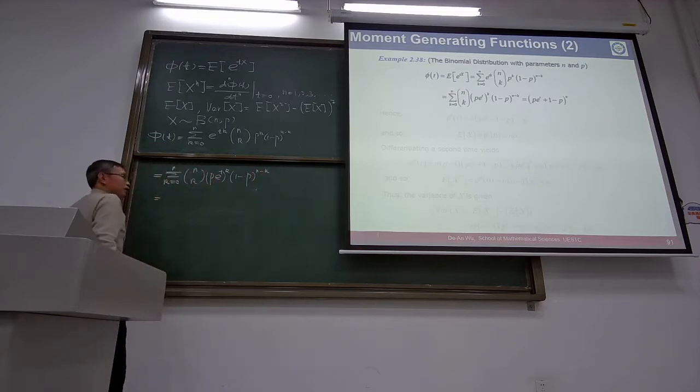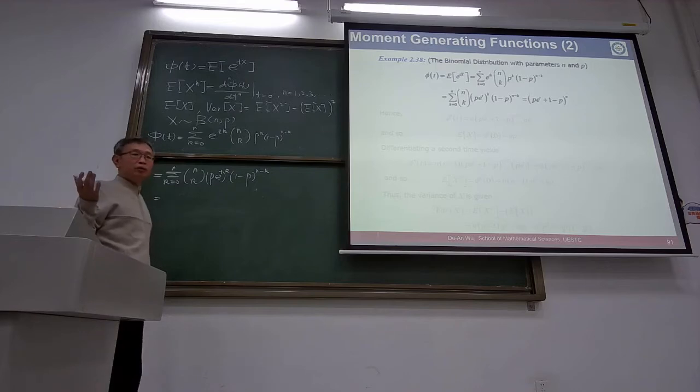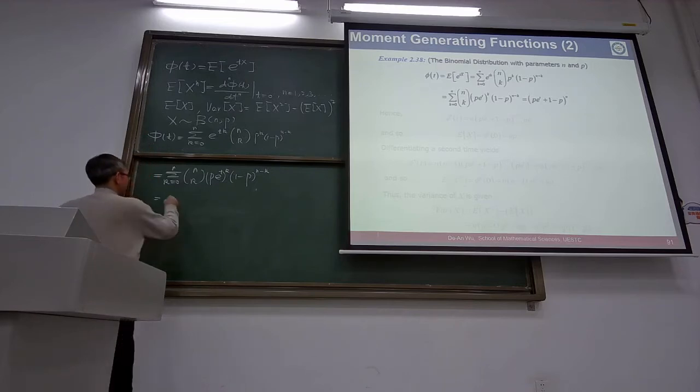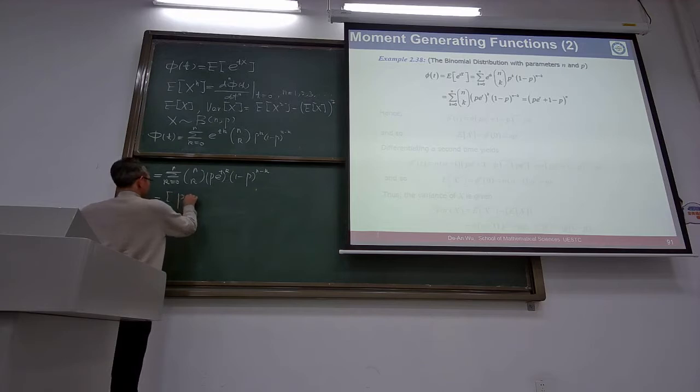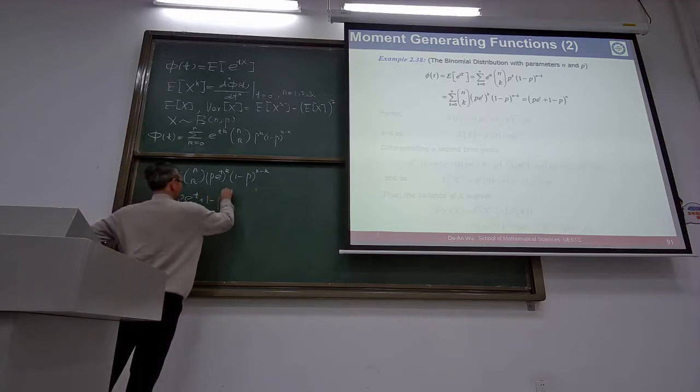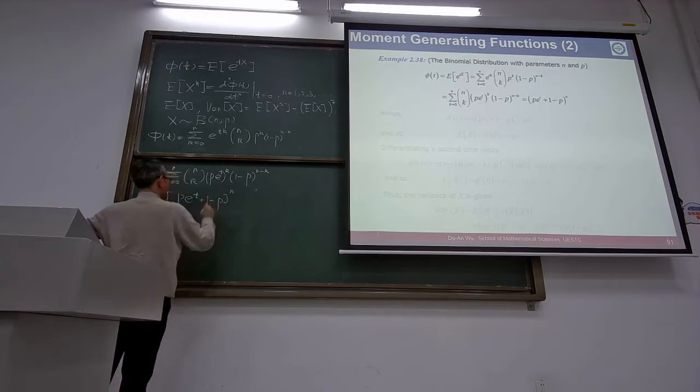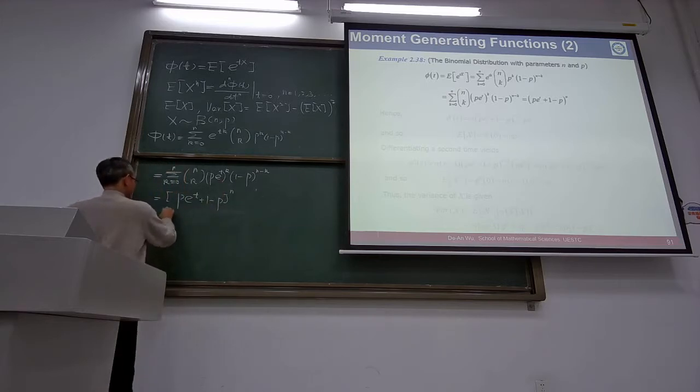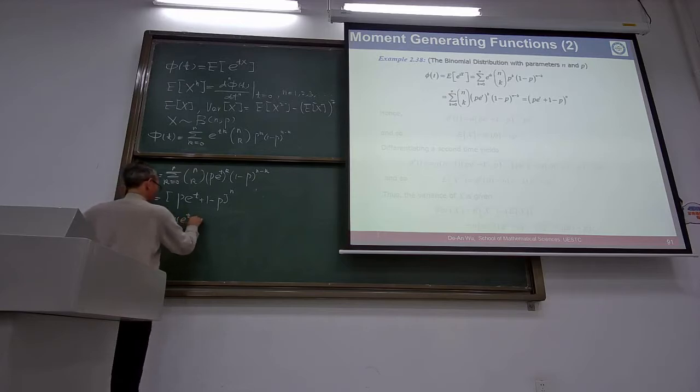We just use the binomial formula. This gives the nth power of p e to the t plus 1 minus p. This just equals p times e to the t minus 1, plus 1, to the nth power.